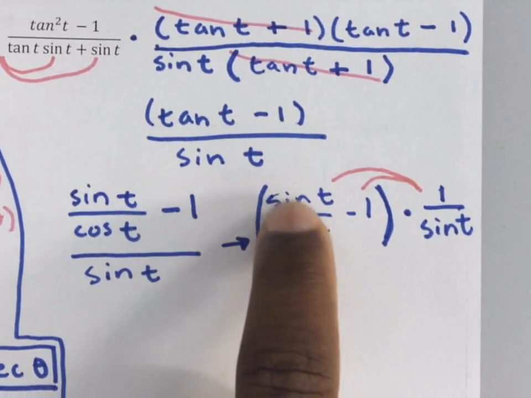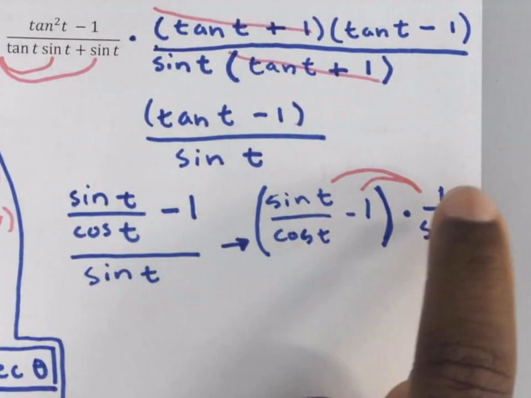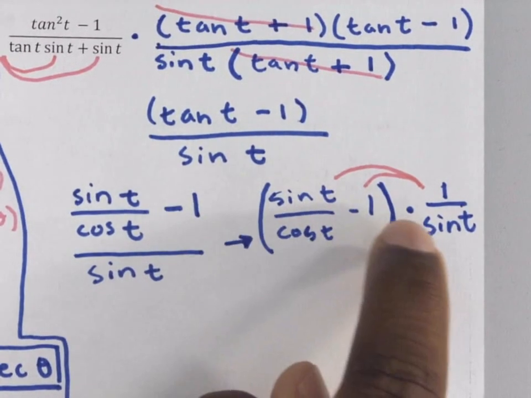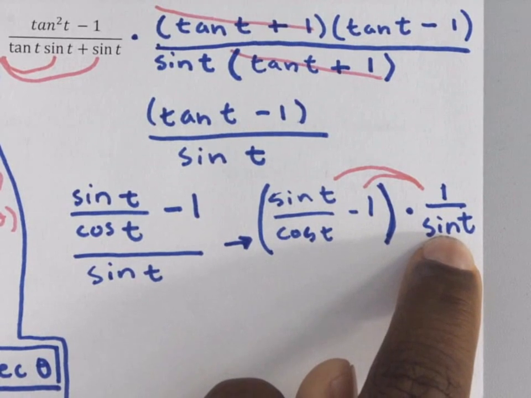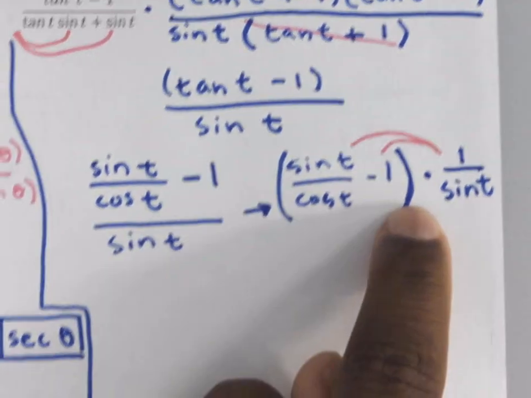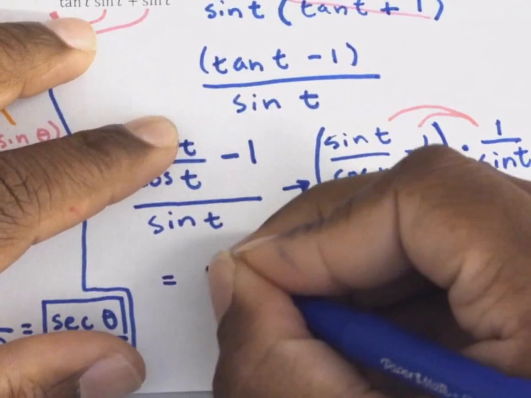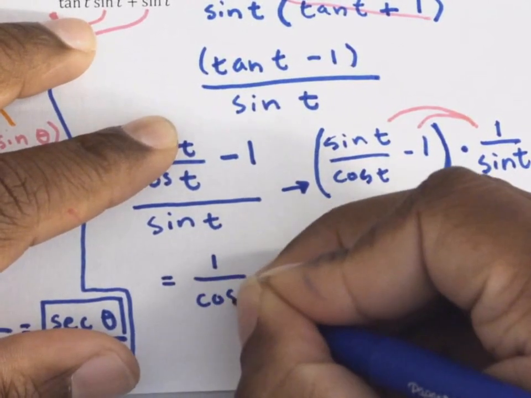So sine t over cosine t times 1 over sine t. What I'll end up with is sine t divided by sine t, which will just cancel, so it's 1 over cosine of t. And then 1.